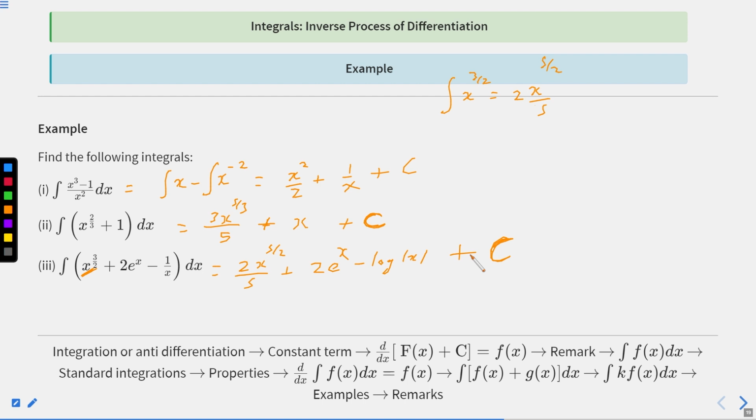I hope that you understood these integrals as the inverse process of differentiation, you understood the examples which show how to use the results, and what we mean by this C. Also, you must know the standard forms for integration. Without them you are not able to evaluate your integration quickly or easily. So you must know those basics.